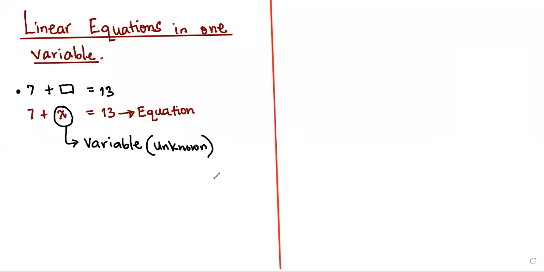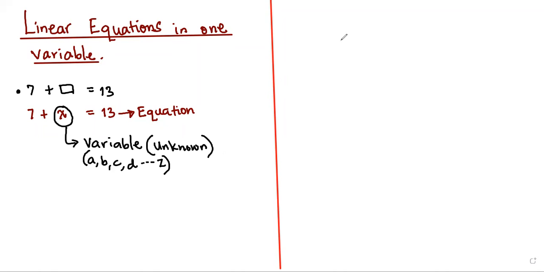Then the variable, like I told you, you can use any letter of the English alphabet. You can use A, B, C, D, up to Z. So that is what we call the equation.